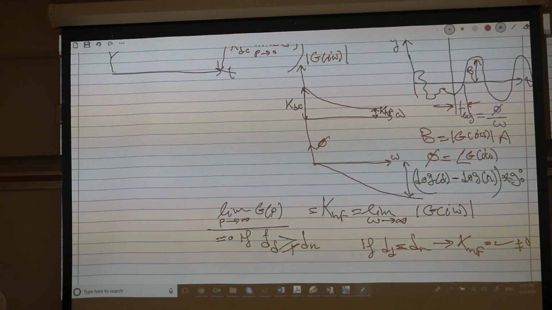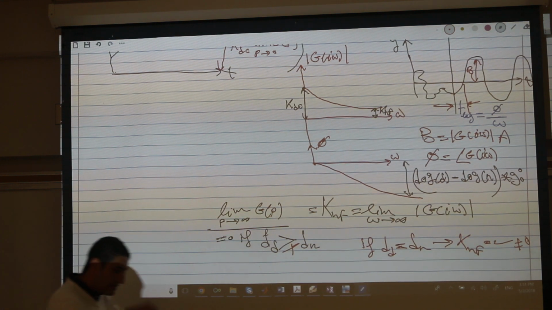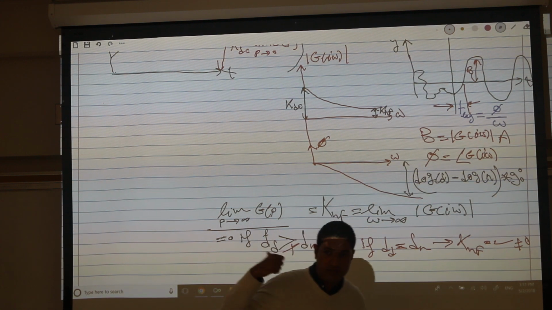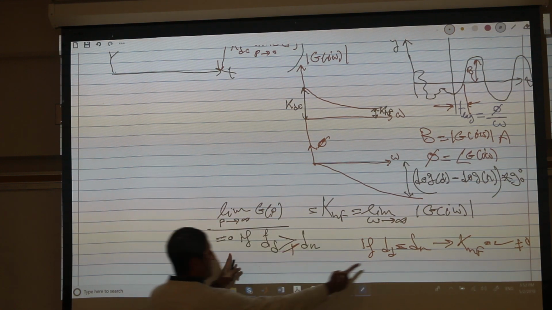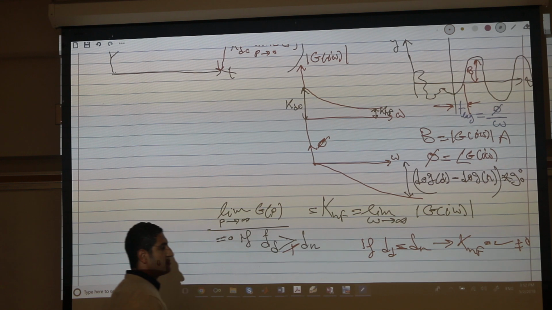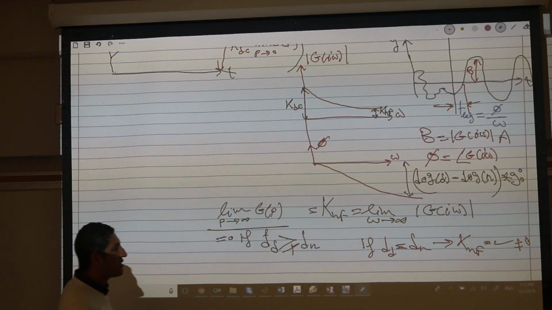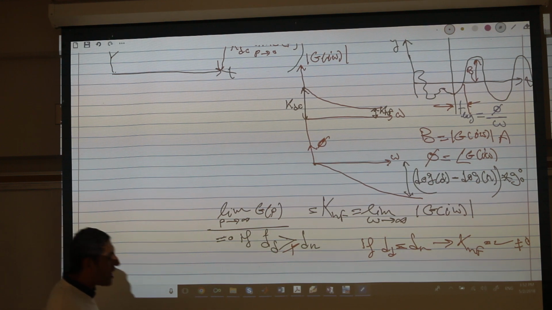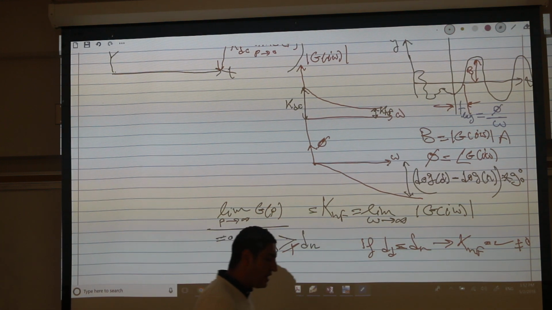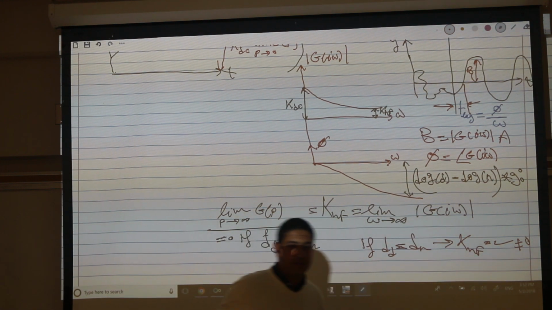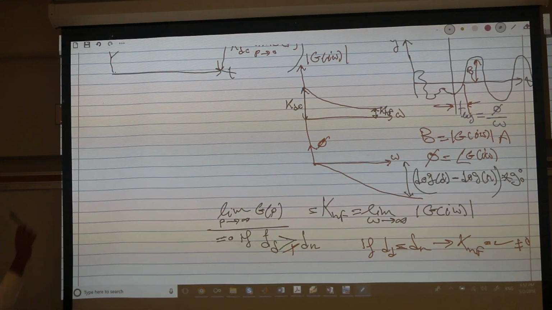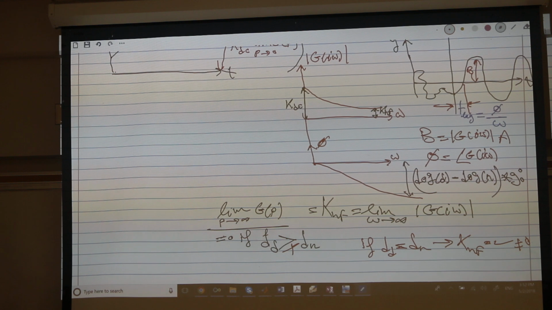For a causal system, meaning that the current output depends only on the current input and the past history, these two must be satisfied. But the other way around cannot happen. The other way around implies that the current output will depend on the future inputs. This is not a causal system, okay? So the remaining possibility is not even a possibility.